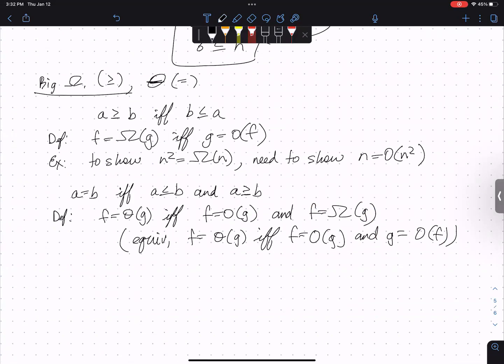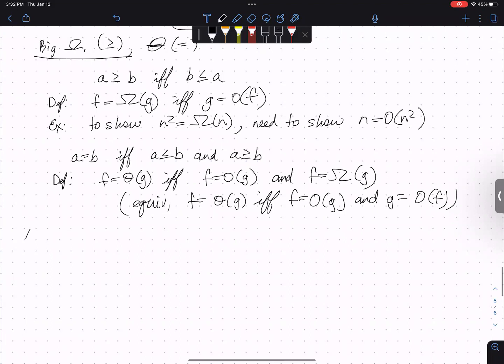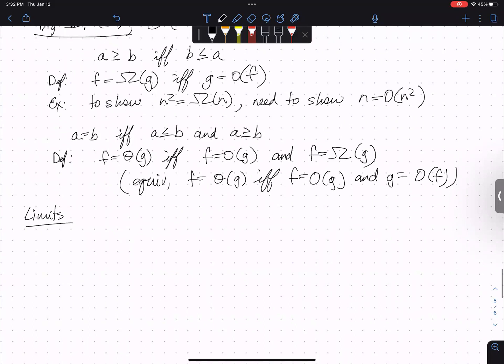Now, there's another way, maybe easier for many people, to prove these relationships instead of applying the definition. That is using limits. We have the following property.